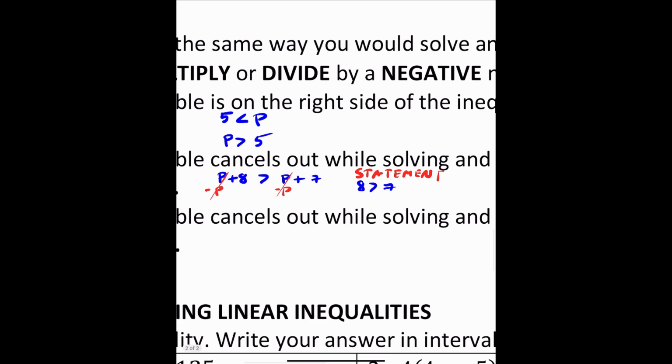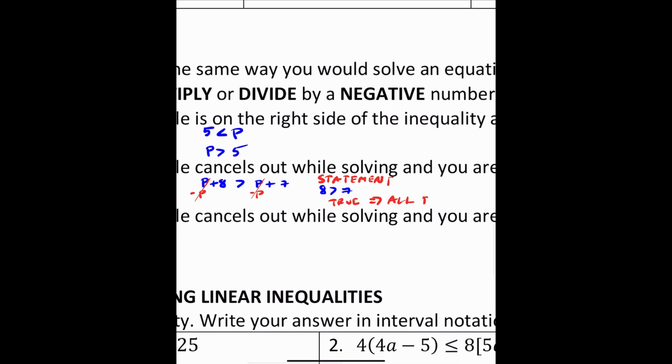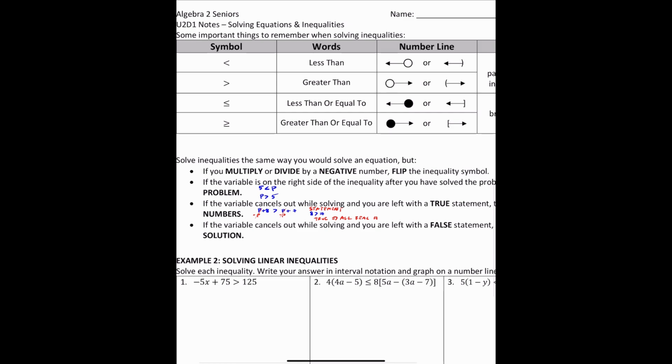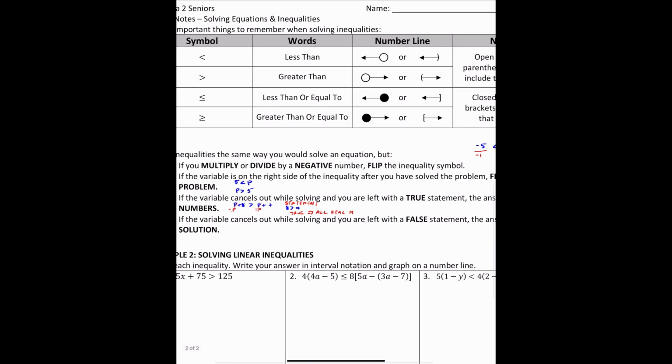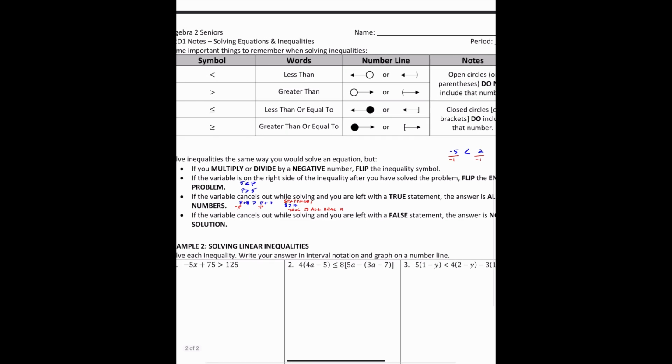So if you have a true statement, then it is all real numbers. What this means is that whatever you plug in for p, the left-hand side will agree with the right-hand side. However, if the variable cancels out while solving and you are left with a false statement, the answer is no solution.